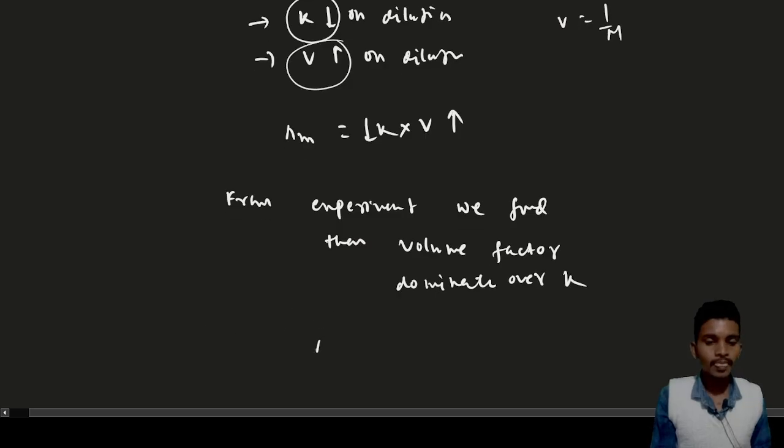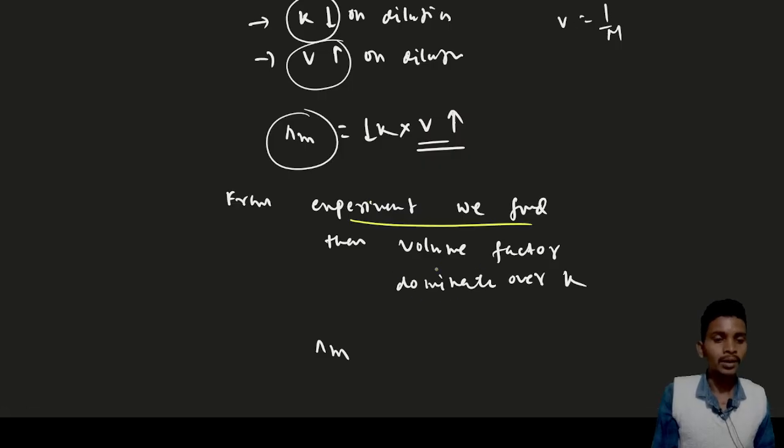So if this factor dominates and it is increasing, then lambda m will increase. From experiment we get that the volume factor is dominant over k, so lambda m increases on dilution.